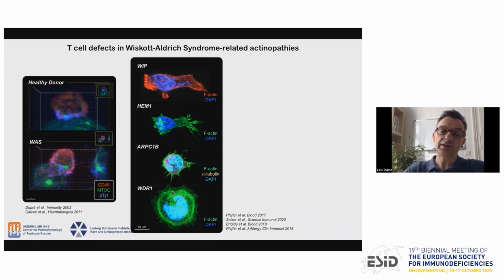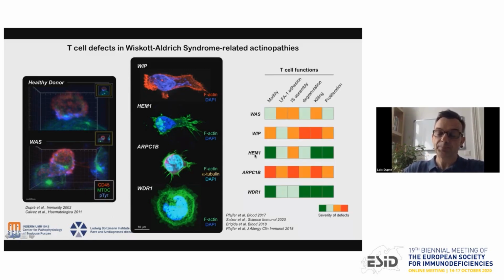In parallel to studying the synapse, we've been also studying multiple related functions, including the ability of the cells to migrate, to adhere via LFA1, to degranulate lytic granules, to kill, and to proliferate. And it seems that we've got quite a diversified picture in terms of the defects stemming from those related deficiencies.